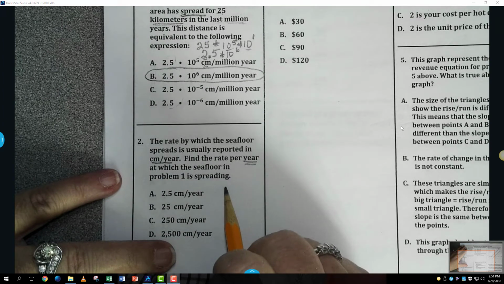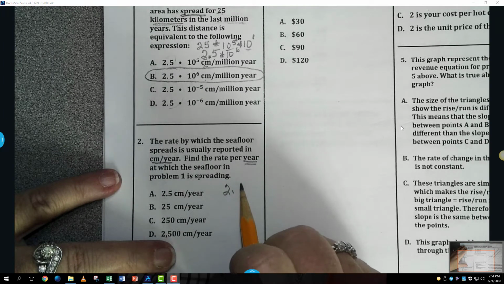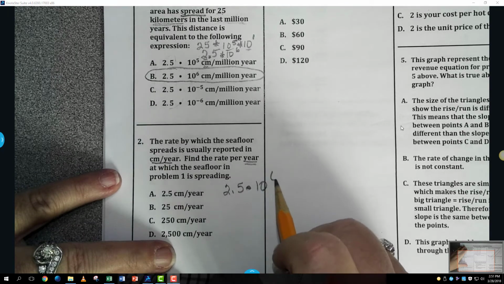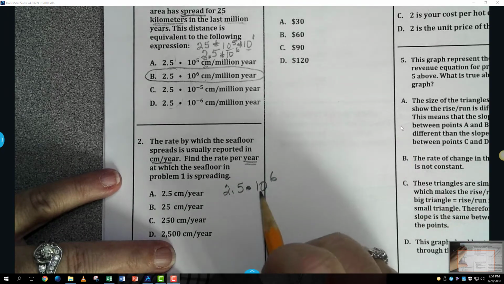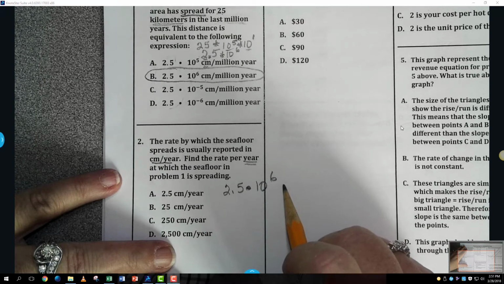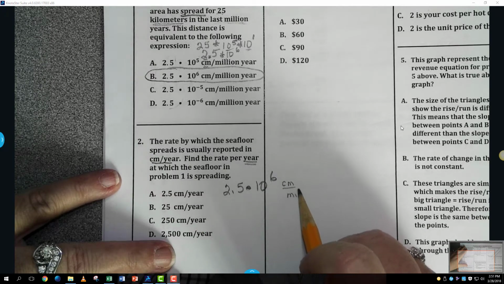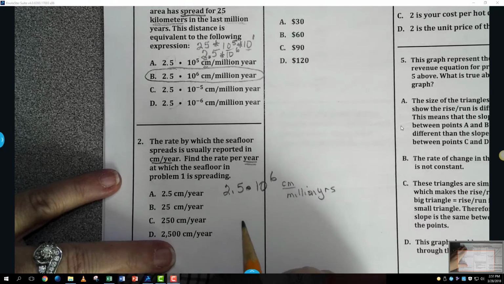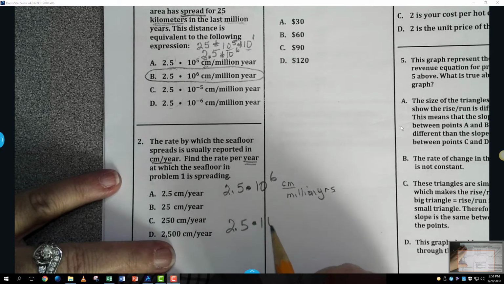So for a million years, it's 2.5 times 10 to the 6th centimeters for a million years. We want this to be 2.5 times 10 to the 6th centimeters per year.